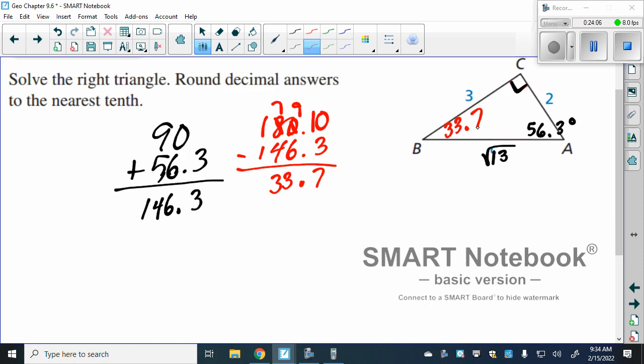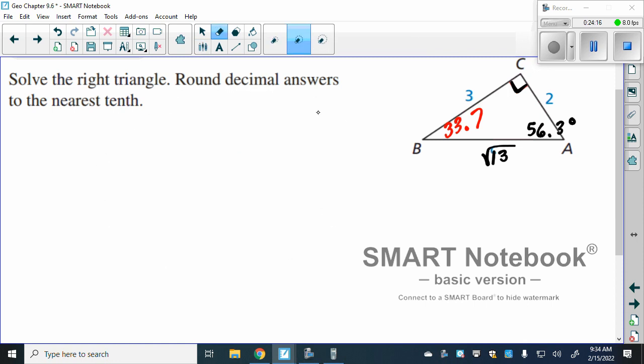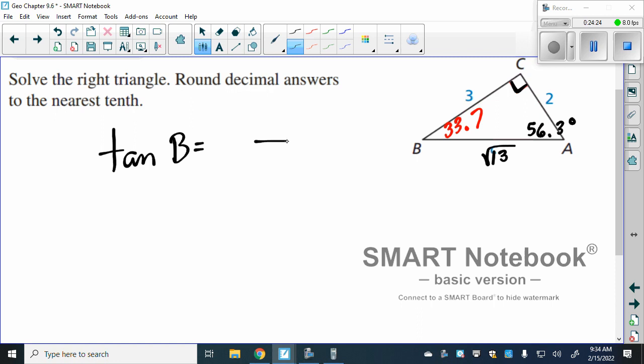Now, questions on this here? Let's do it the other way. Let's say I'm just going to pick tangent. Out of all three, I'm just picking one. Tangent of B. Well, the opposite side length of angle B is 2, and the adjacent side would be 3.